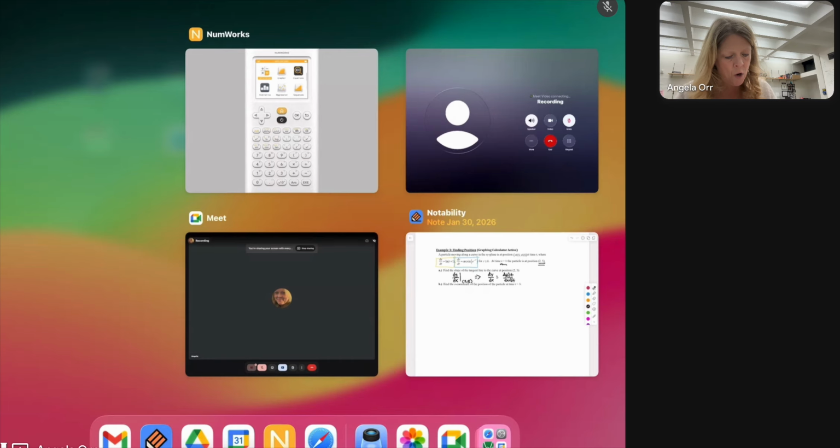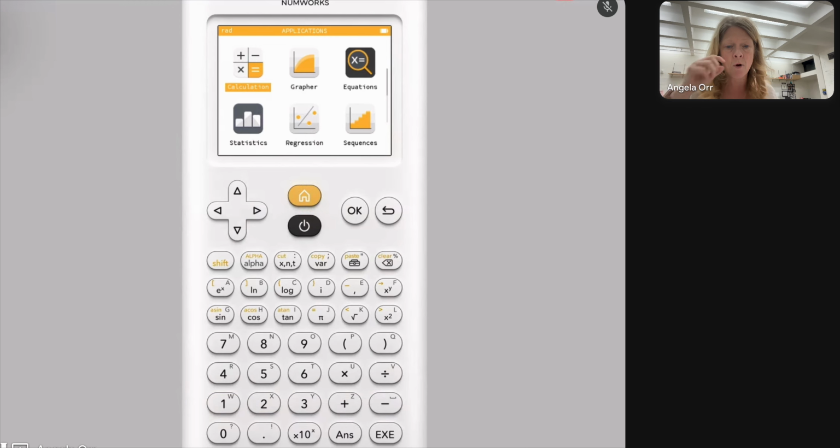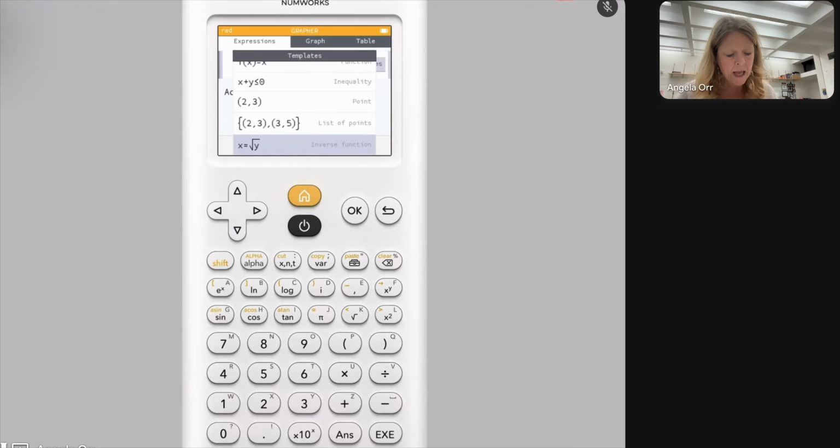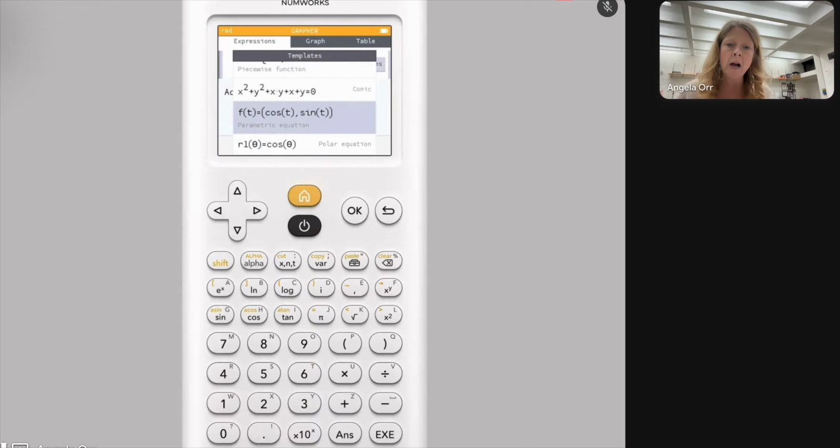All right, so I have our NumWorks calculator here, and the first thing I'm going to do is go into the grapher. I'm going to hit OK and go to the templates, because this allows me to get our parametric template. So we've got some f of t function, which is defined by some x parametric equation, comma, the y parametric equation.